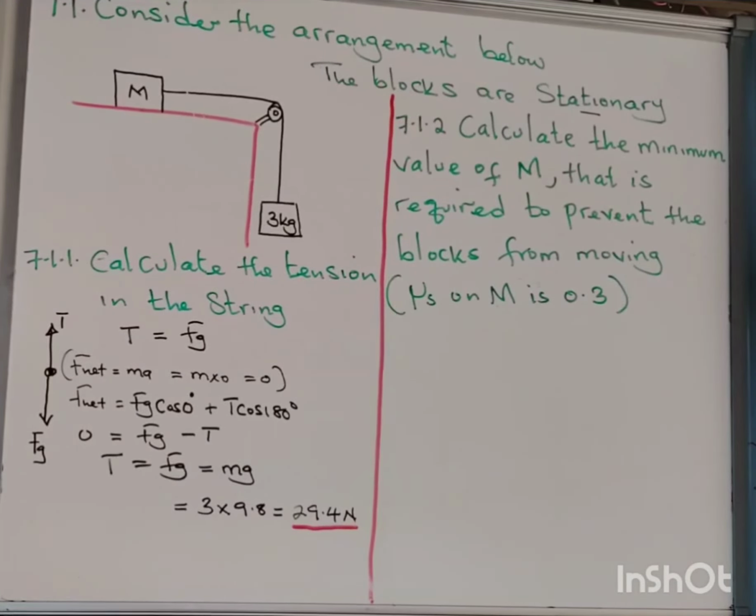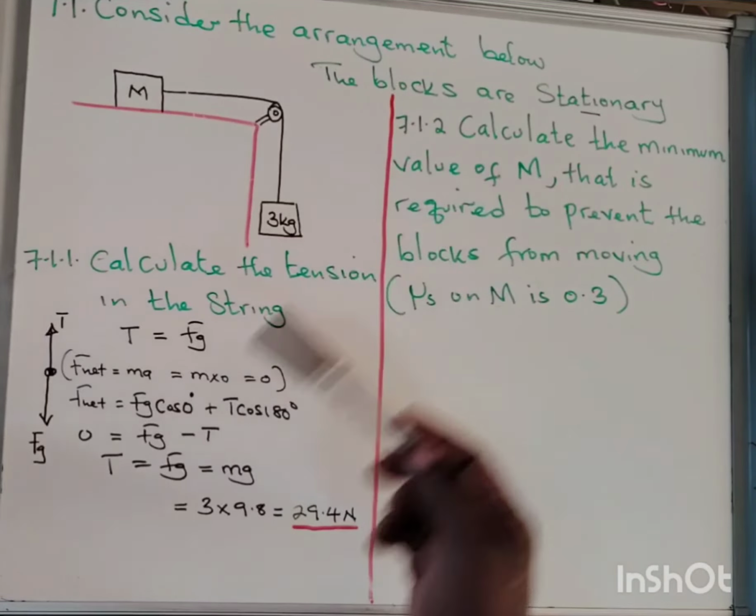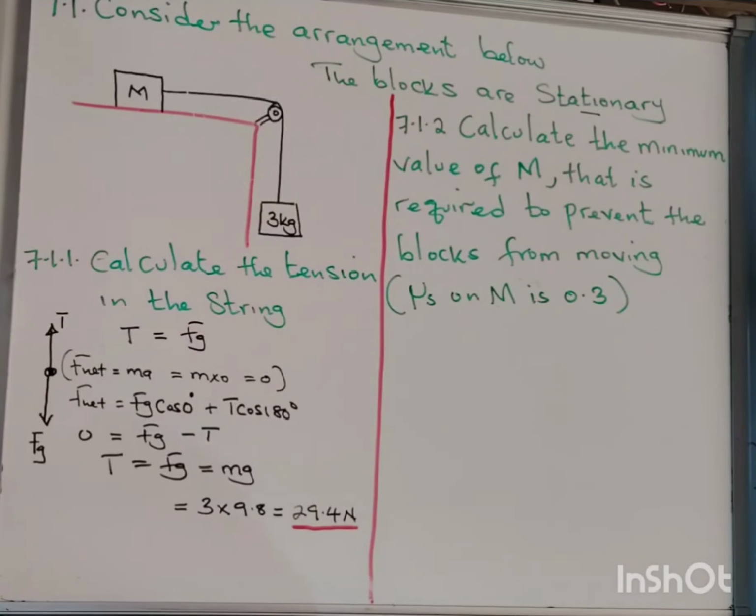Then comes the next question, 7.12. It says, calculate the minimum value of m that is required to prevent the blocks from moving. And they give you mu s on m as 0.3.